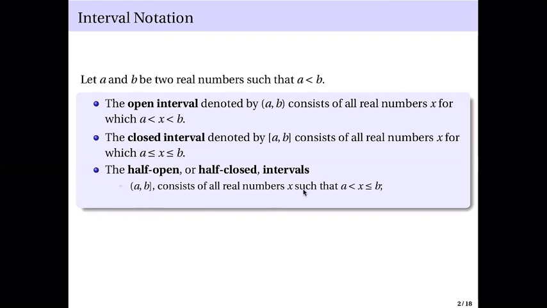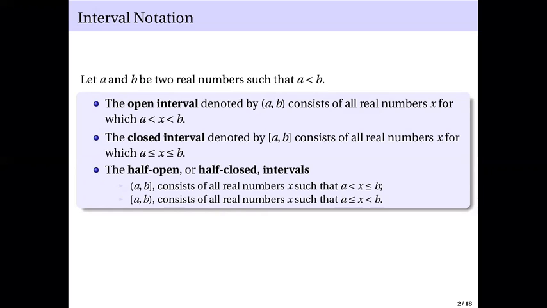This consists of all real numbers X such that X is greater than A, but less than or equal to B. So there is equality on the side of B, but no equality on the side of A. And also we have open square bracket A comma B close parenthesis. This consists of all real numbers X such that X is greater than or equal to A. We have the equality at A, but X is less than B, so we don't have the equality at B.